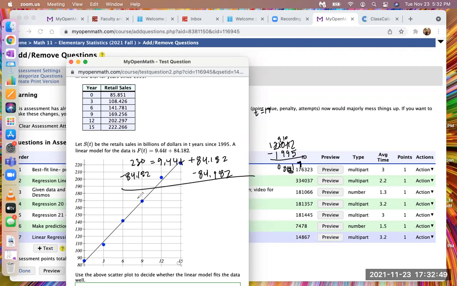Let me do that on my calculator and give the answer. So I get 145.818 equals the 9.44 T.